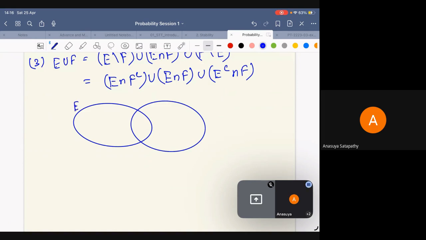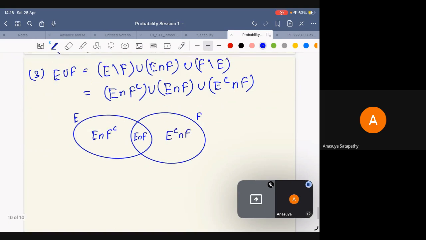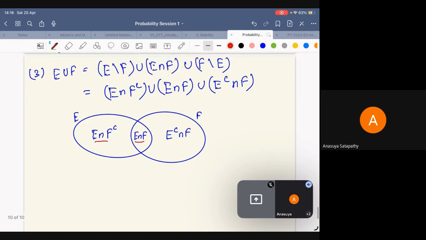This is set E and this is set F. What is this part? This part can be written as E without F, E intersection F complement. Right? Everyone is able to understand? Yes. So this part will be E intersection F and this part will be E complement intersection F. So what will be the total part? E intersection F complement union this, union this.